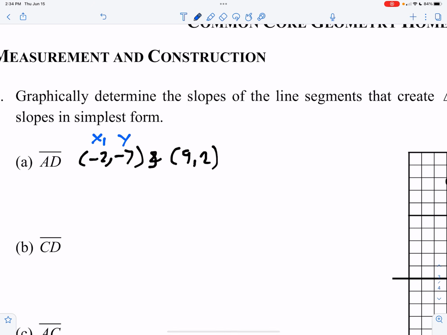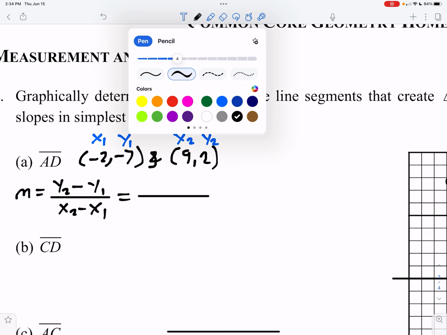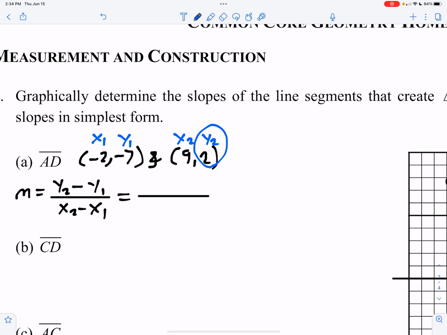So x1, y1, x2, y2, and simply plug that into your slope formula. So y2 minus y1 over x2 minus x1, which would be y2, that's 2, minus y1, that's a -7, over x2, that's 9, minus x1, that's a -2.